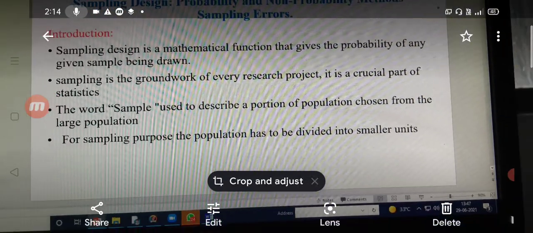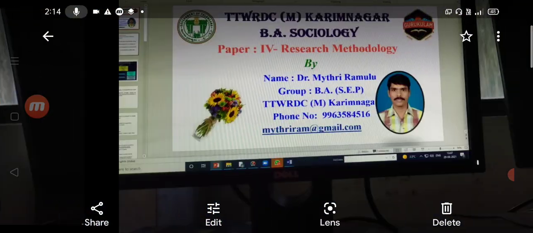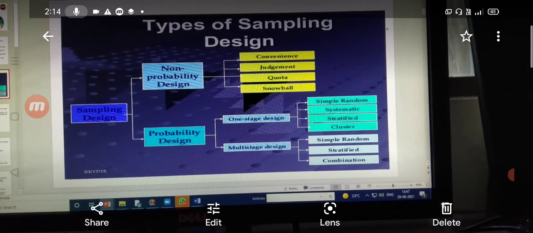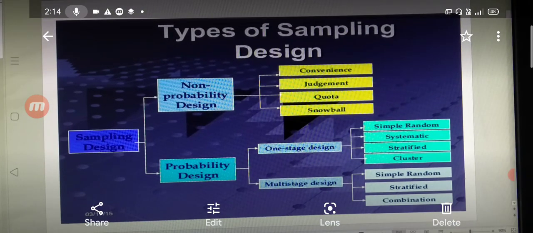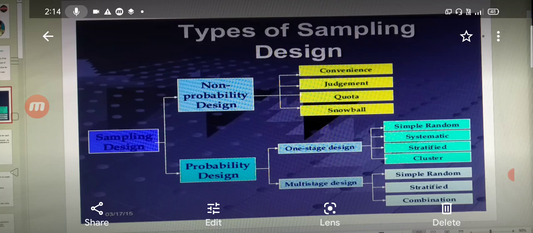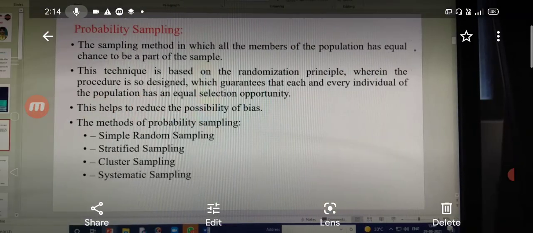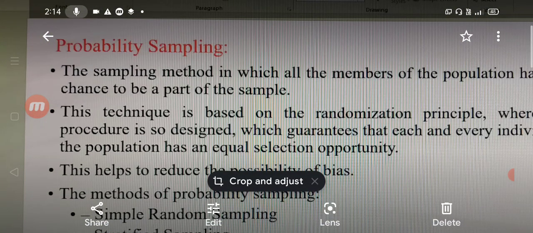So, this is the basic introduction about sampling, and if we go into details, the sampling design is divided into two types, such as non-probability sampling and probability sampling. So, what is non-probability sampling? First of all, let us discuss the probability sampling.